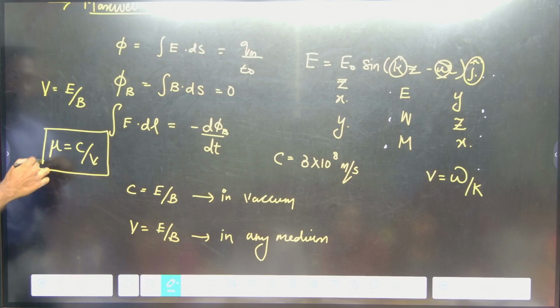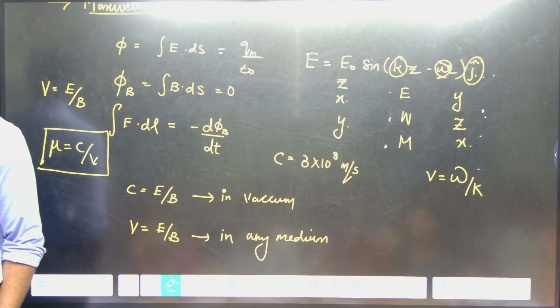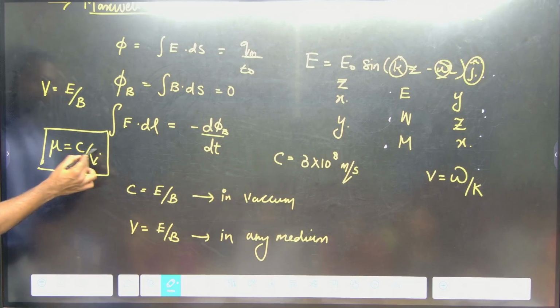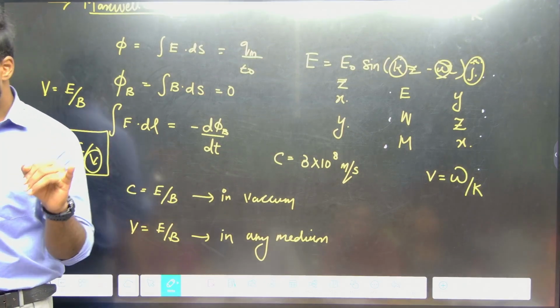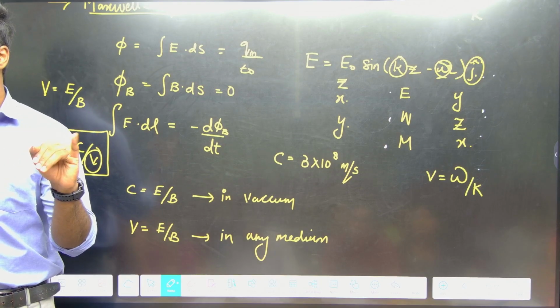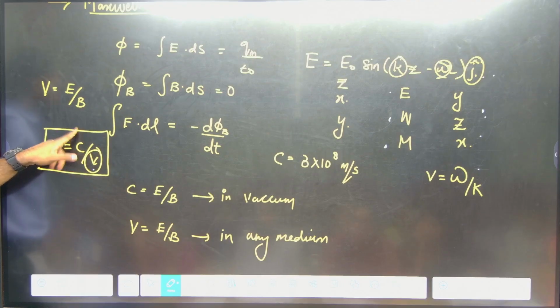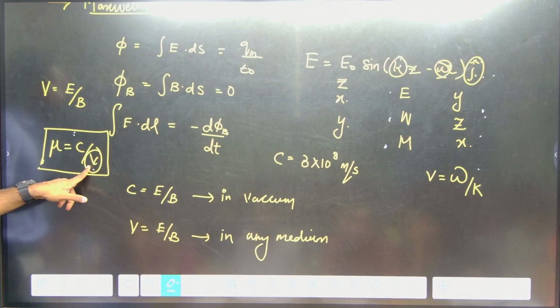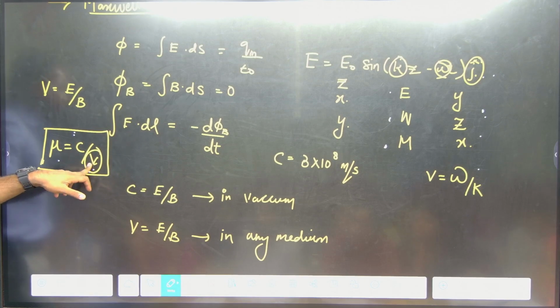In some questions they might mention the refractive index and ask about any medium, which means I need to use the value of V. Listen carefully: in PYQs, when they ask about any medium, I should use V, not C. C is for vacuum, V is for any medium. They will give the refractive index, so I can get the value of V.